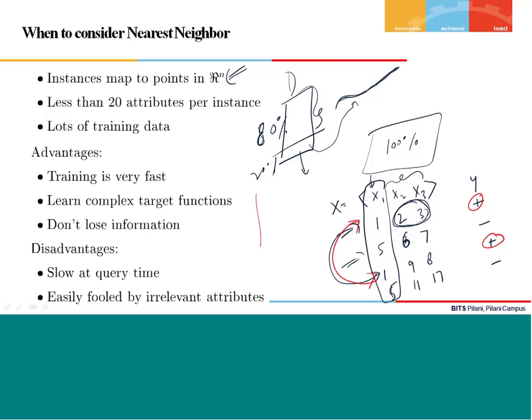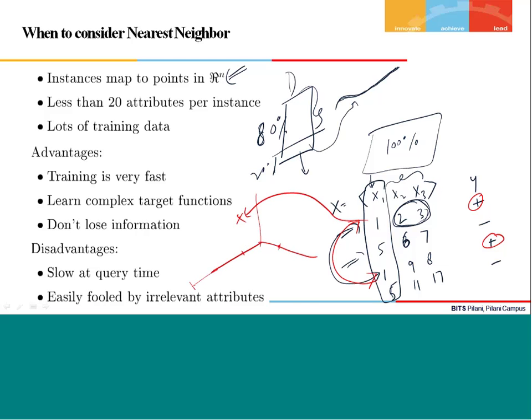But when I plot it in a 3-dimensional space, I see that X1 is 1, but X2 is 2, let's say, and X3 is 3. So somewhere it will come here. So this point is this point. Now when I plot the other point, X1 is again 1, but X2, which at first was 2, is now 9.